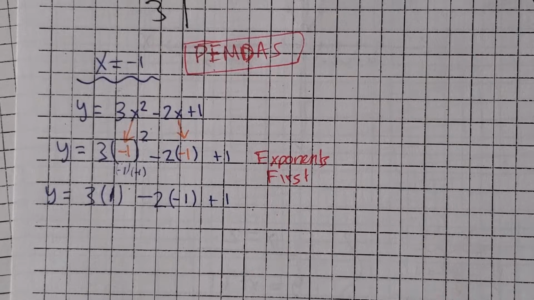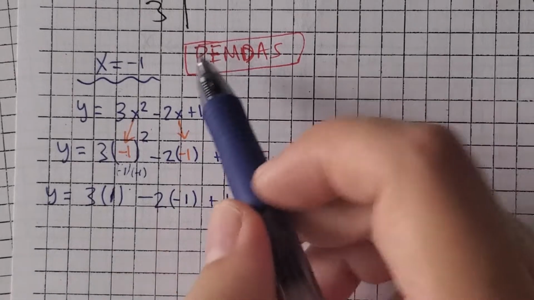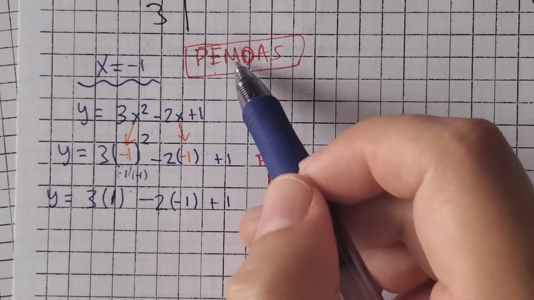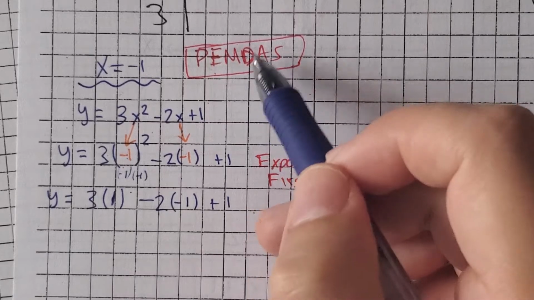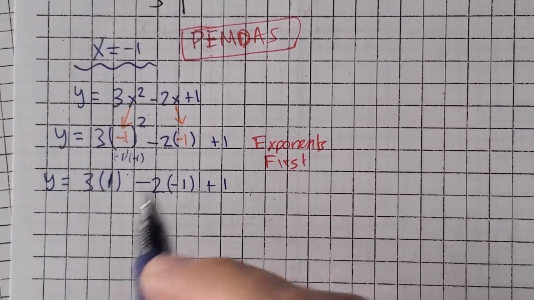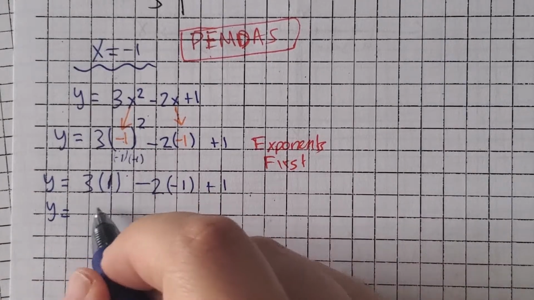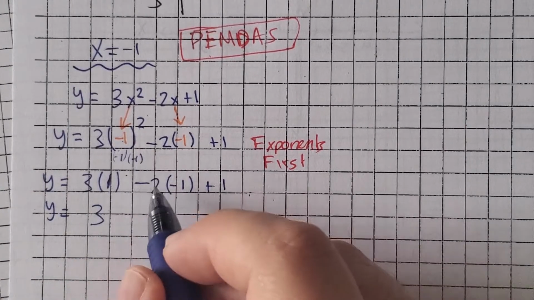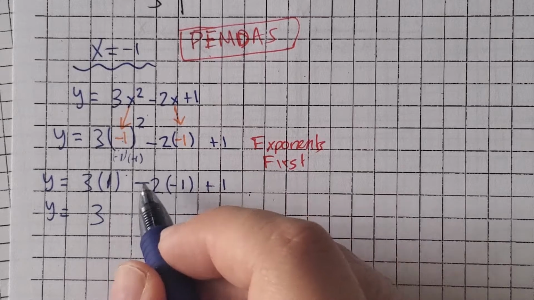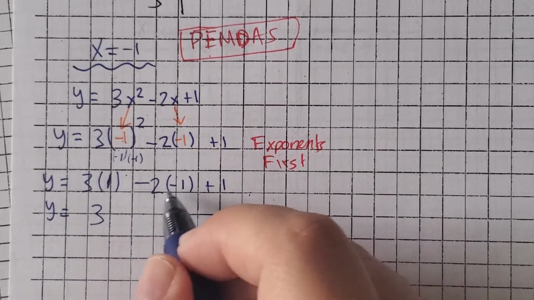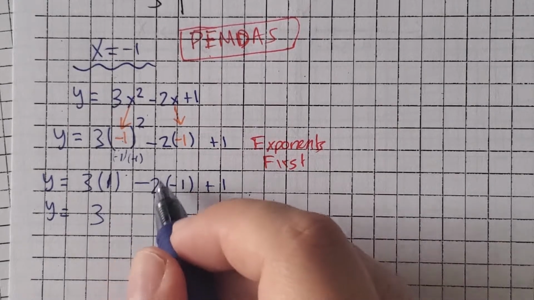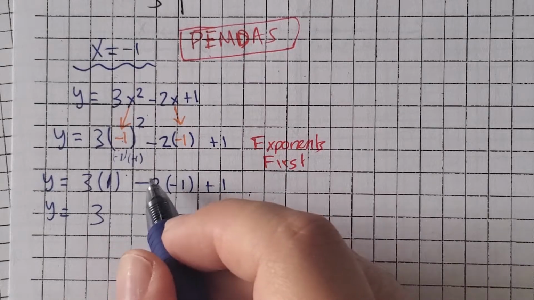Okay. Now, because I don't have any parentheses or exponents, I can move on to multiplying or dividing. We're lucky we don't have any division. So let's just go ahead and multiply. So y is equal to, then 3 times 1 is just 3. Now careful, I'm going to use this negative sign. -2 times -1. Even though it's subtracting, I can think of it as the negative sign.